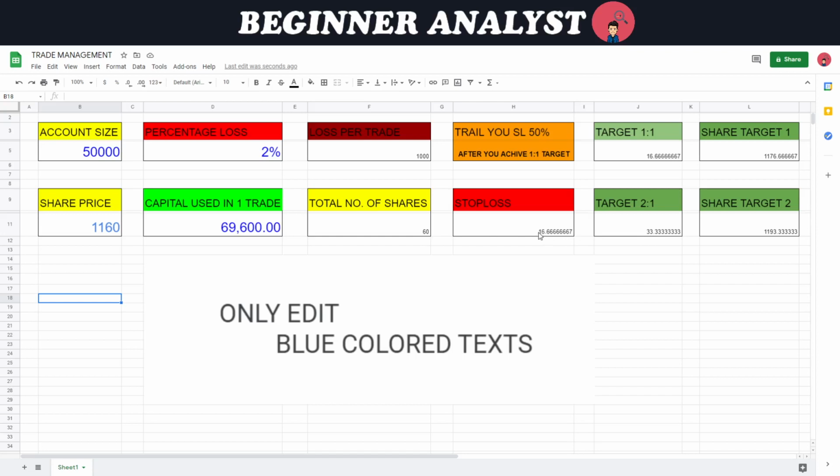What you have to do is average these numbers. How you will average is, obviously 66 is above 5, so we'll average it to 17. Target 1 will also be 17 and target 2 will be 33. One edit you can do is to average your stop losses to 0.